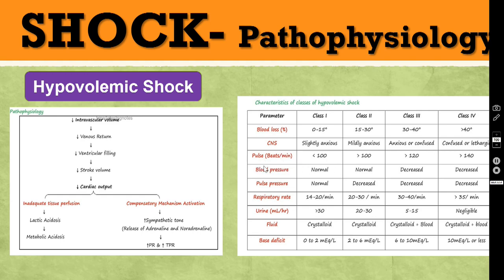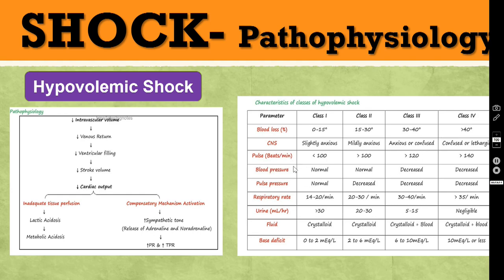Coming to the pulse rate, in class 1, this should be less than 100. If it is more than 100, that is class 2. If it is more than 120, then it is class 3. If it is more than 140, then it is class 4.